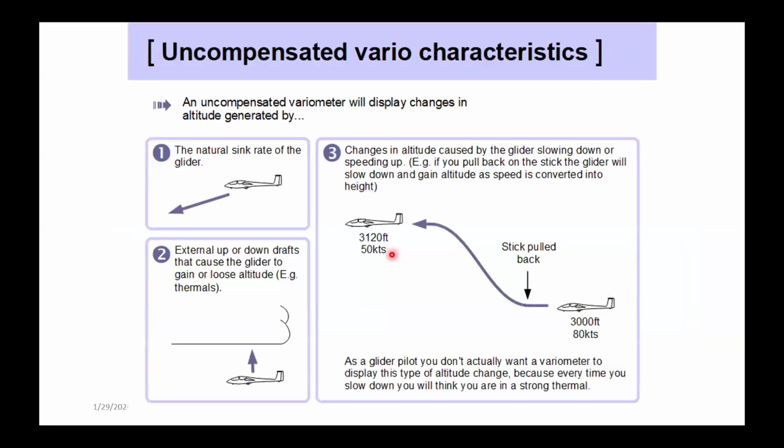So if we are cruising along at 80 knots, we pull back on the stick and we now find ourselves at 3,100 feet and 50 knots, because we used some of our airspeed and changed it for altitude. We pulled back on the stick, but our climb was purely by the exchange of airspeed. So that's a stick thermal. We didn't climb in a thermal.